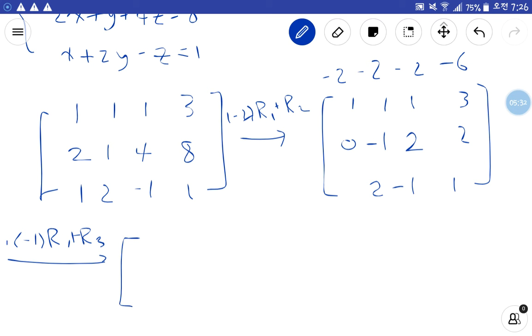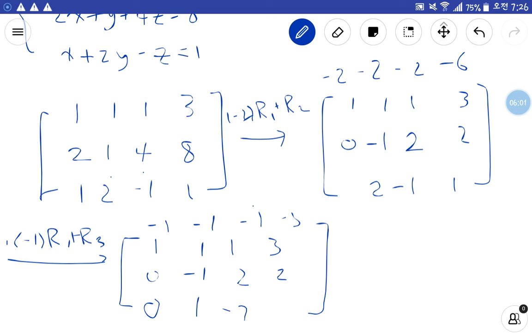If you multiply negative 1 to your first row, that will be negative 1, negative 1, negative 1, negative 3. Now I have 1, 1, 1, 3 and 0, negative 1, 2, 2. Now I add this with my new row. 1 plus negative 1 becomes 0. 2 plus negative 1 becomes 1. Negative 1 plus negative 1 becomes negative 2. And 1 plus negative 3 becomes negative 2.